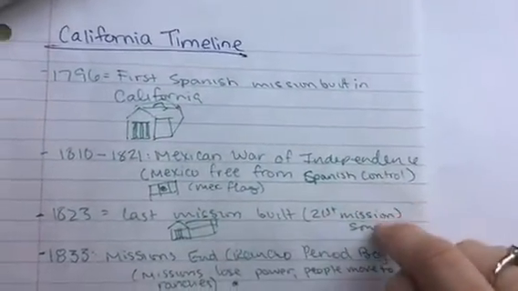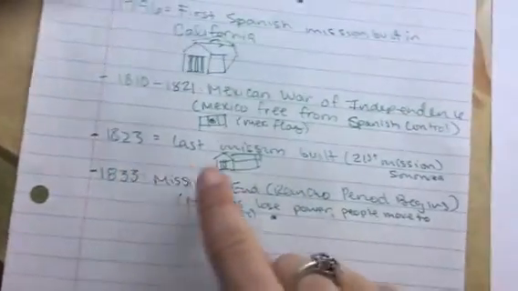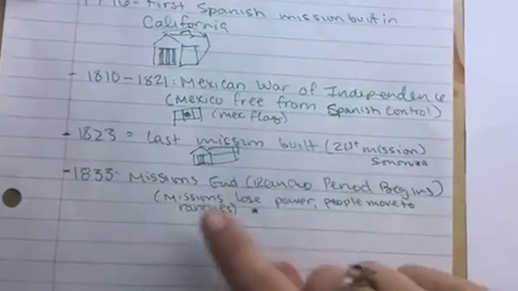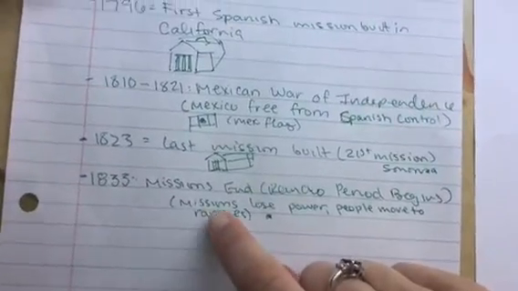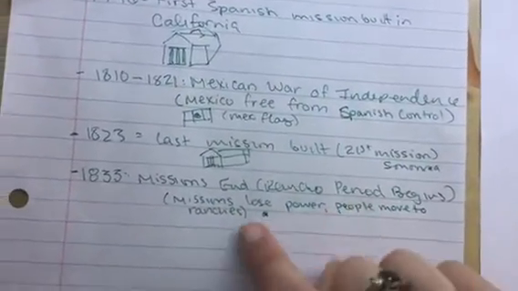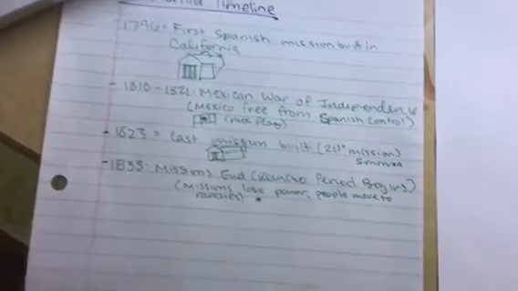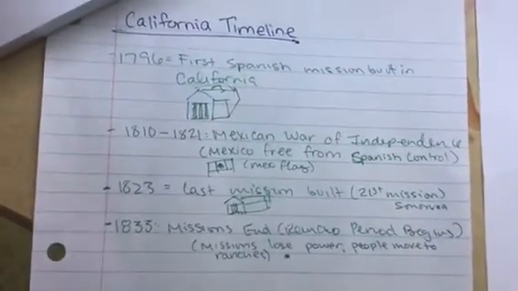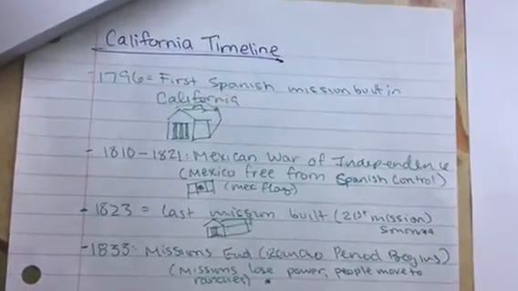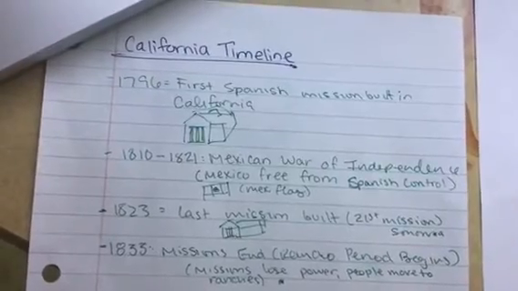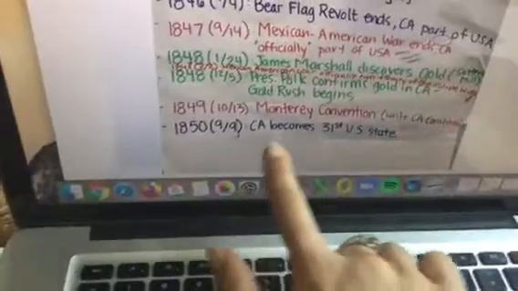1823, last mission built. So in parentheses, I put 21st mission, and then I wrote Sonoma. That's enough of an explanation. 1833, missions end, Rancho period begins. In parentheses, I explain what that means. Missions lose power, people move to ranches. So it's really just some basic notes, a quick picture I plan to make, and the date. And I'm going to do that until I reach the date of California becoming the 31st state, okay?